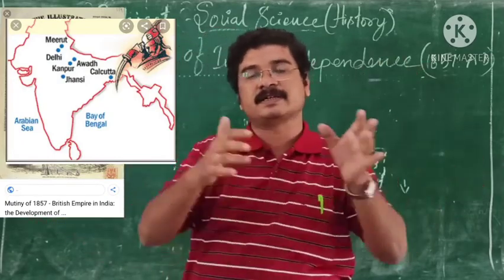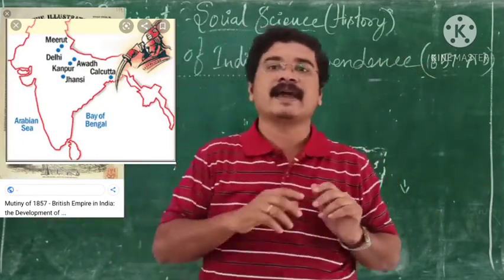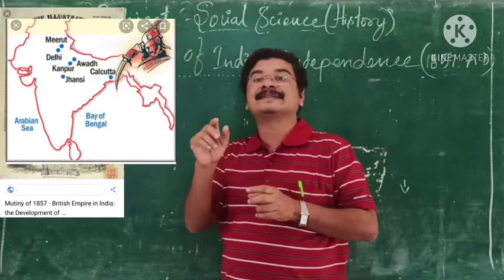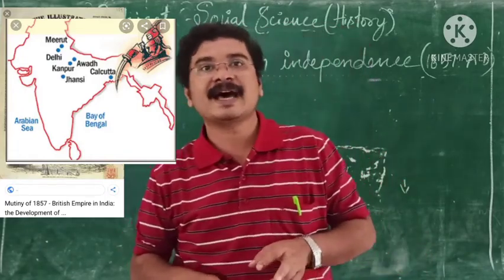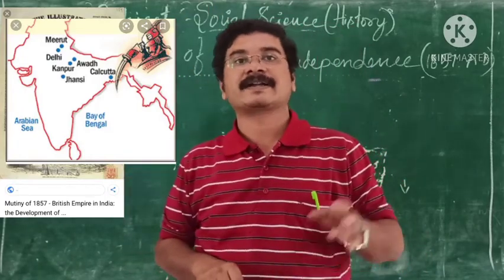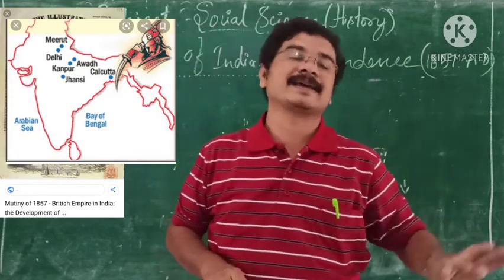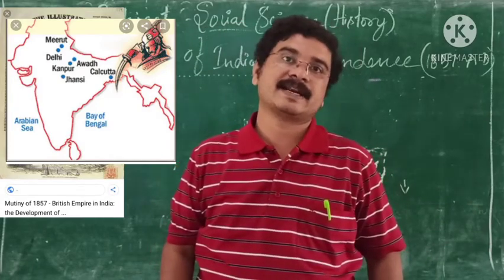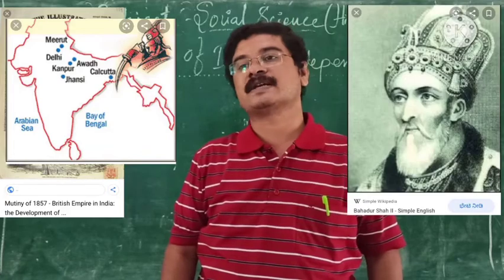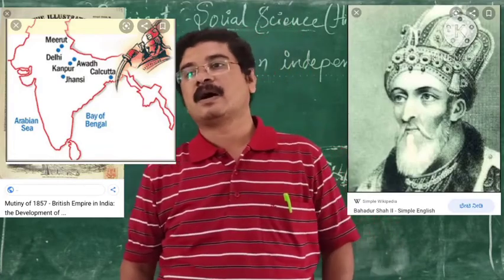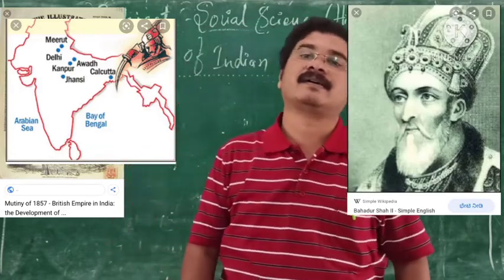They laid siege to the Red Fort, seized it, and declared the Mughal king Bahadur Shah II as emperor of India.